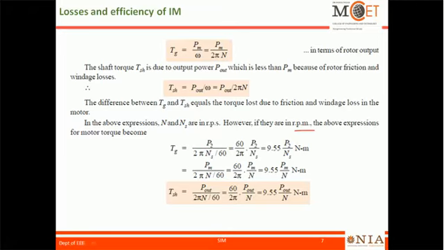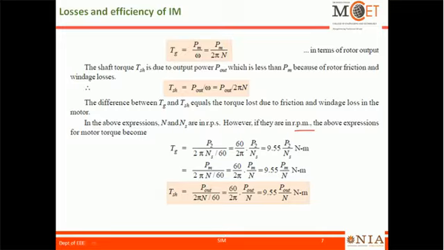So that will be 9.55 P2 by ns. Then PM by 2 pi n by 60 is again 9.55 PM by n Newton meter.